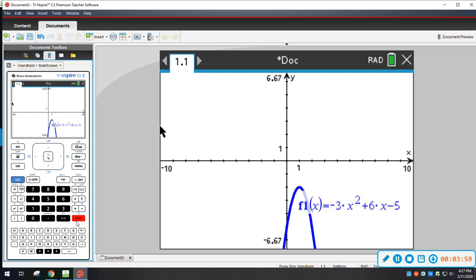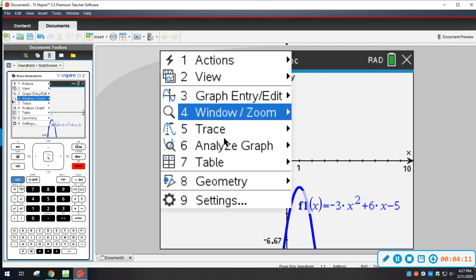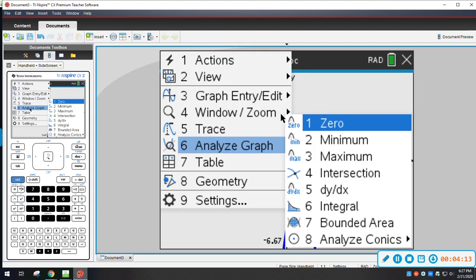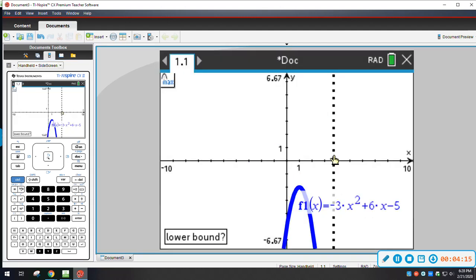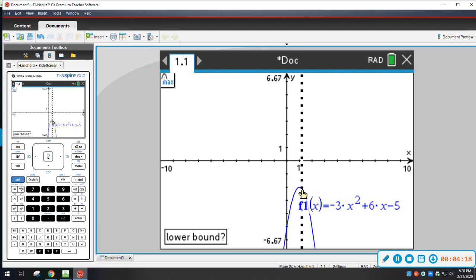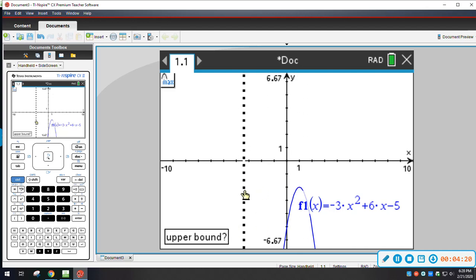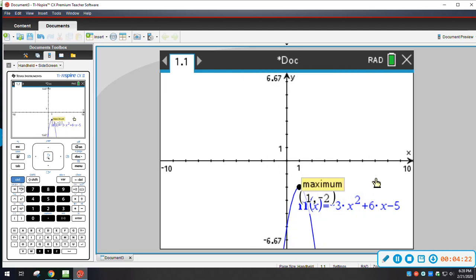All right, there we go. And let's find our vertex. So we can do that by menu, analyze our graph. Our vertex is a maximum on this because see how it's faced upside down? Set a lower bound, set an upper bound. There it is, 1, negative 2.